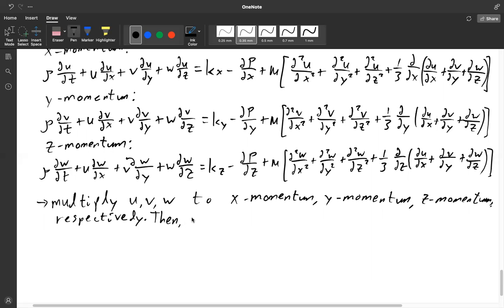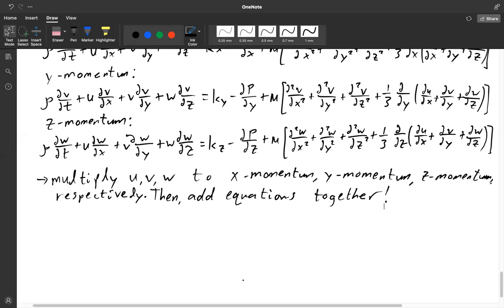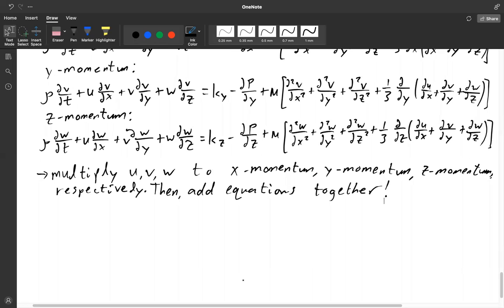Then add the equations together. So we would be adding the left-hand side together, and then we'll also be adding the right-hand side together after we multiply U, V, and W to the X momentum, Y momentum, and the Z momentum equations, respectively.